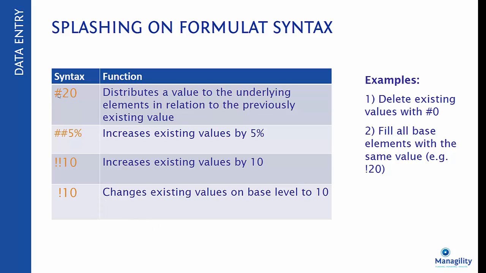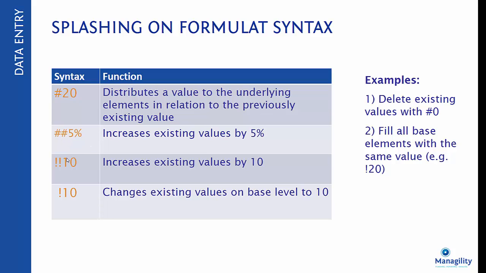We've just used the hash key that distributes an entry on an aggregation according to the existing distribution, or if there's nothing used, it will distribute the values in a linear fashion. So every children of your aggregation or aggregations will get the same share.